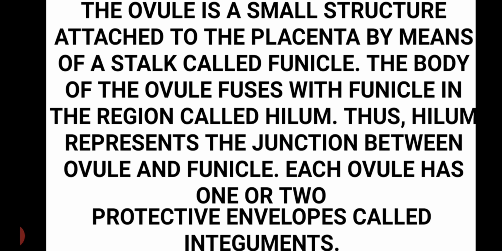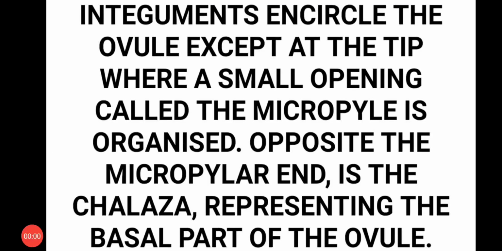Now each ovule contains one or two protective envelopes called the integuments. So this ovule is covered by two layers, and these two layers are known as integuments. The ovule is completely covered by the integuments, but it is free at one portion.